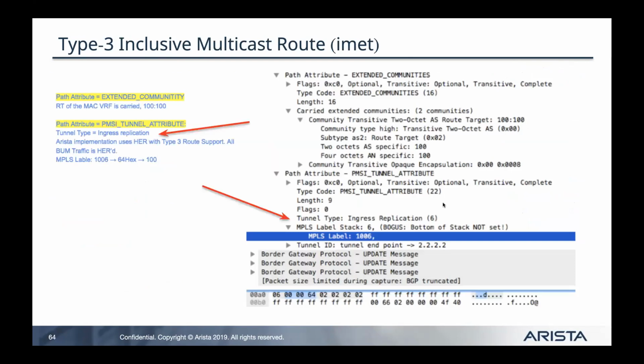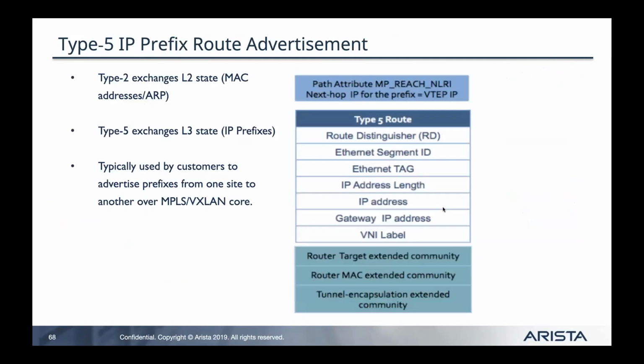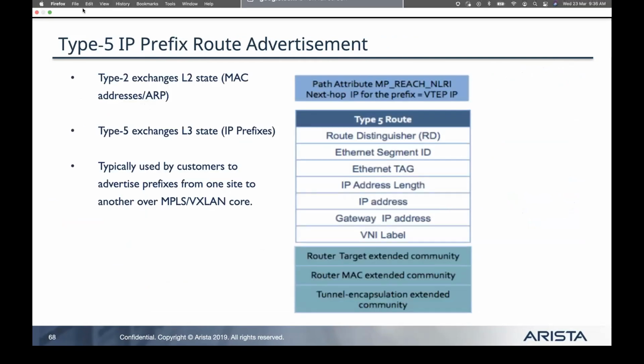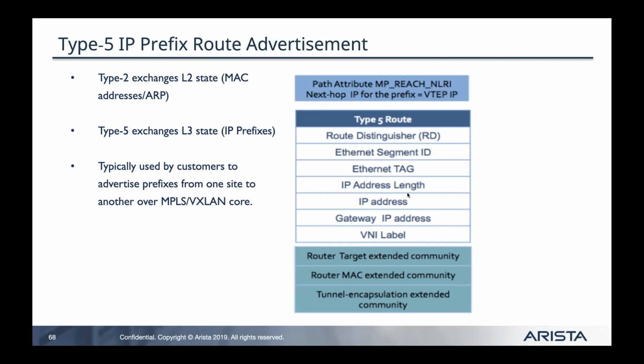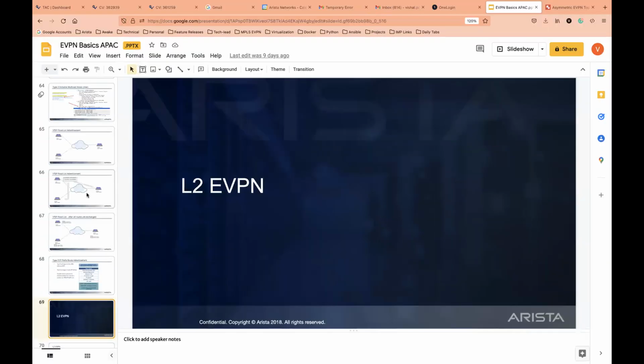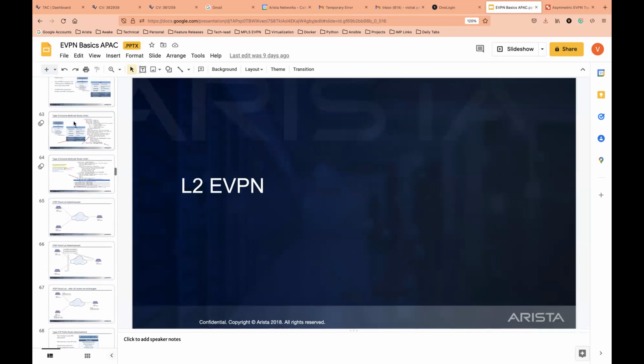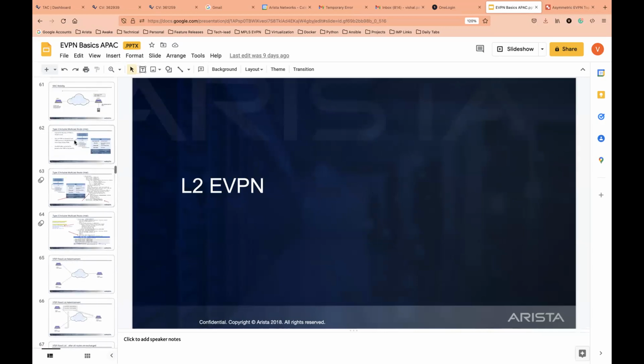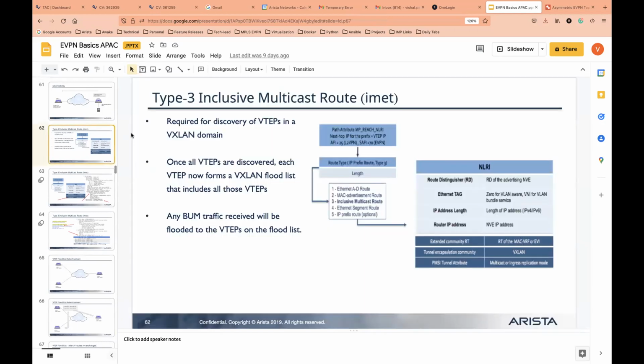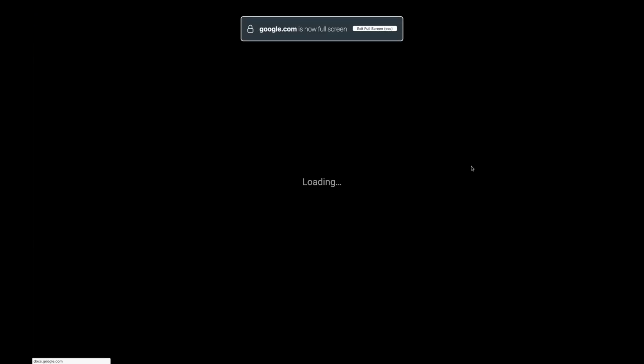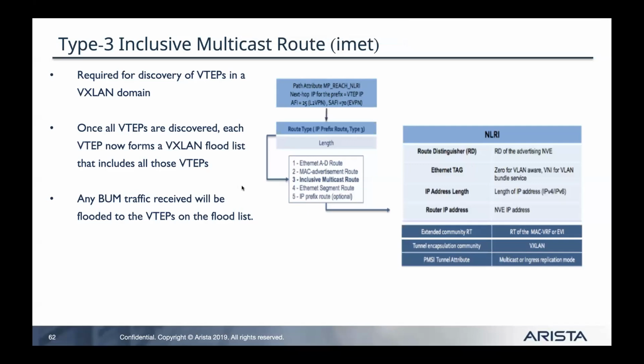Third is the IMET route, the type 3 route. The IMET route is nothing but advertising the flood list information, the local VTEP information. So basically this is the packet with extra fields.